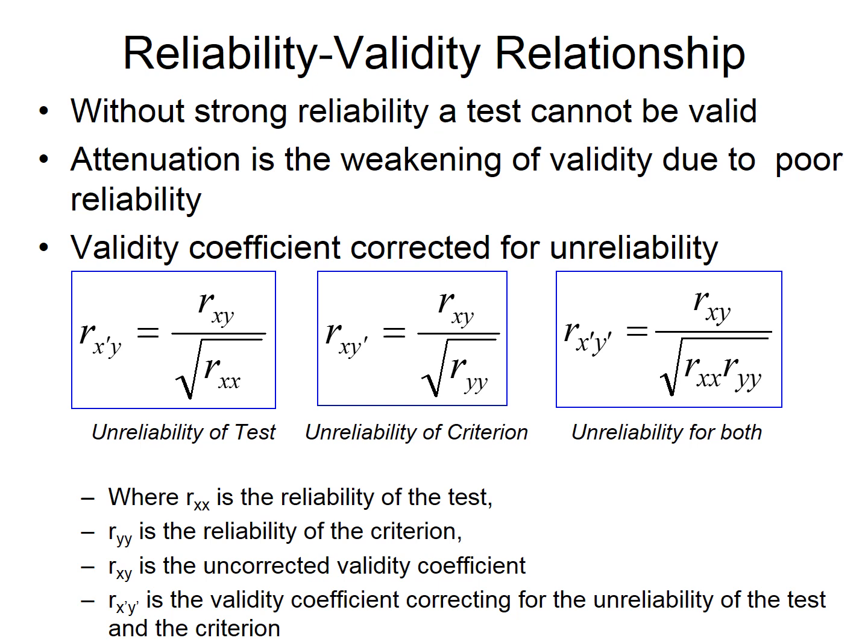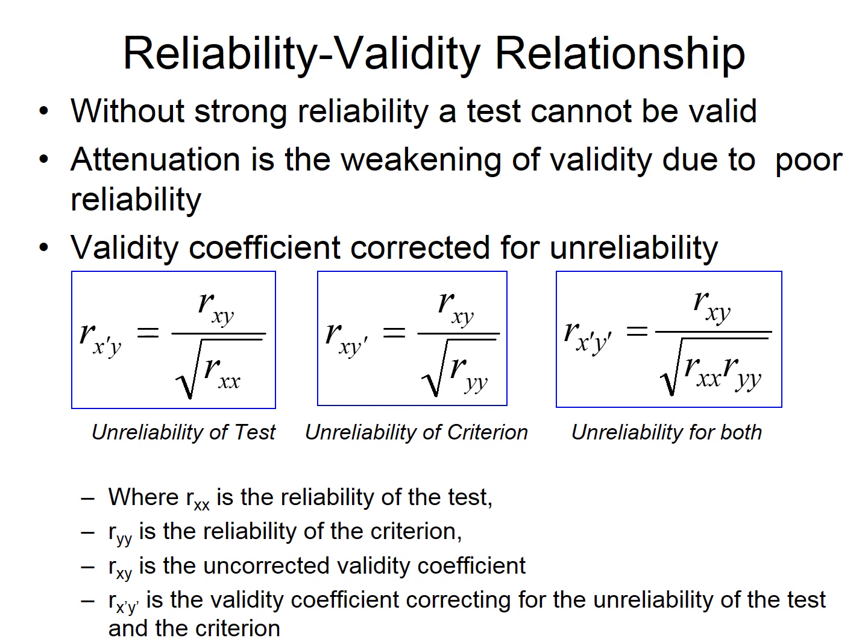So let's look at that first one, unreliability of the test. R sub XY goes to the top of the equation. That's the validity coefficient we got by comparing our test to some other test. That's our correlation, that's our R. And we're going to divide it by the square root of the reliability of our test, R sub XX. This is going to give us our adjusted validity coefficient.